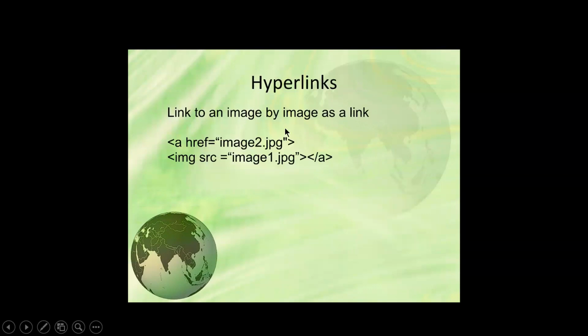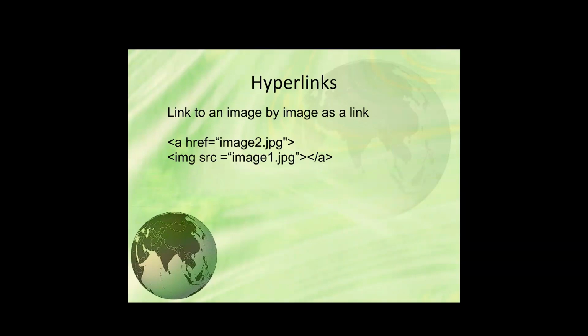Hyperlinks can also be used to link an image, that is, an image as a link. The syntax is a href image2.jpg, image src image1.jpg enclosed. We can link images by using the A tag, that is the hyperlink tag, and an image tag.